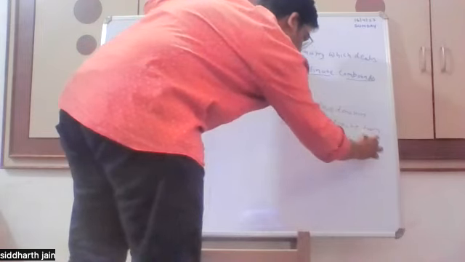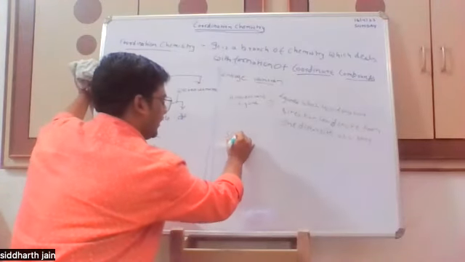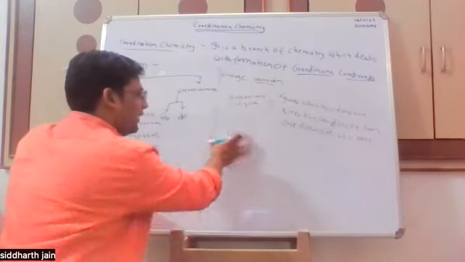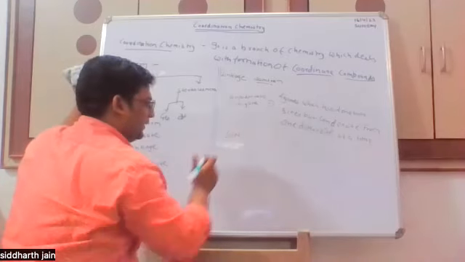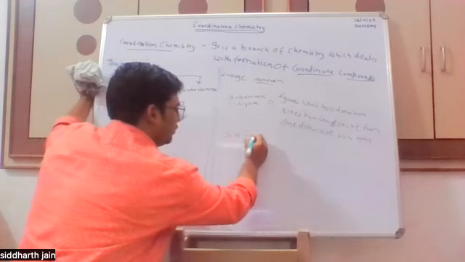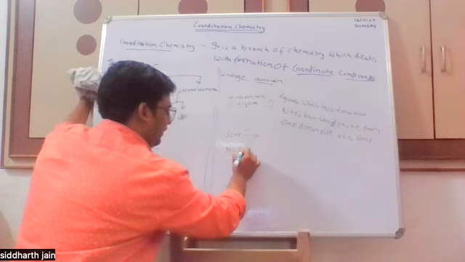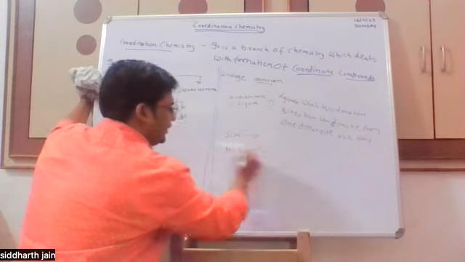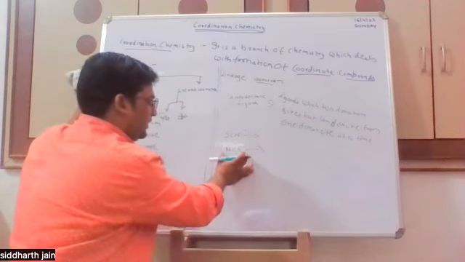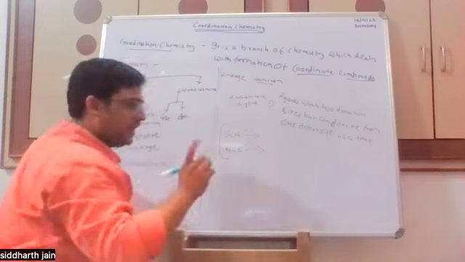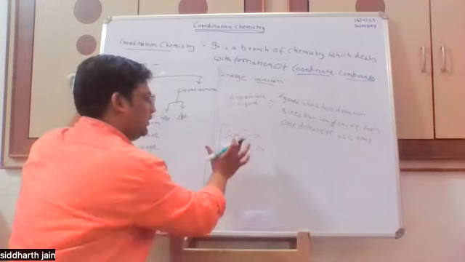What do I mean by that? Let's take the example of SCN minus. SCN minus is an ambidentate ligand. For example, it can form a complex where it donates its 2 electrons from the nitrogen side, and it can also form a complex where it donates its 2 electrons from the sulfur. So it has two donor sites, but it behaves as a single donor at a time because it cannot donate from both sides. These types of ligands are called ambidentate ligands.